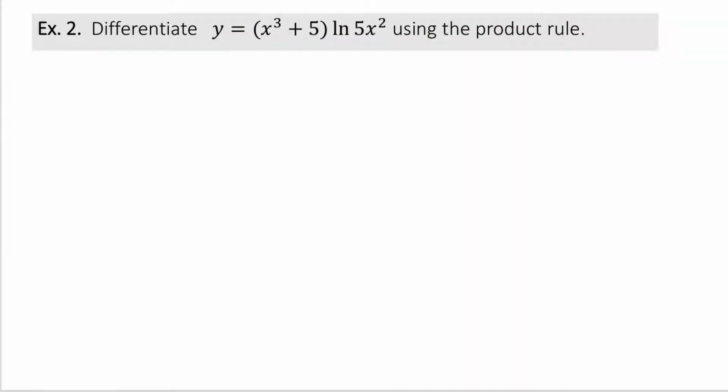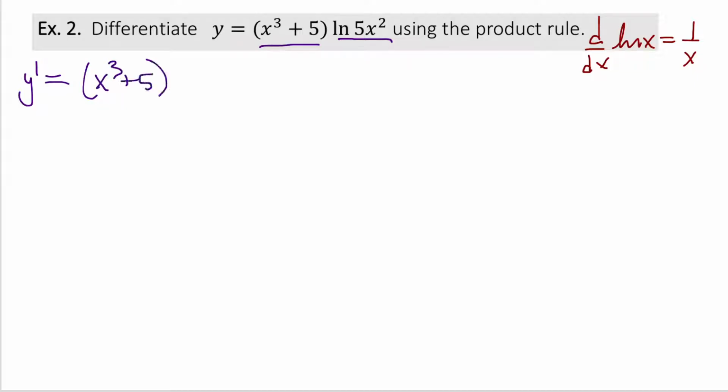So for example 2, we're going to use the product rule. So we've got a natural log in there again. So let's just write that formula down again. So here's our formula. So now I'm going to use the product rule here. So I've got a 2-piece y here multiplied together. So this is going to be y prime, first times the derivative of the second.